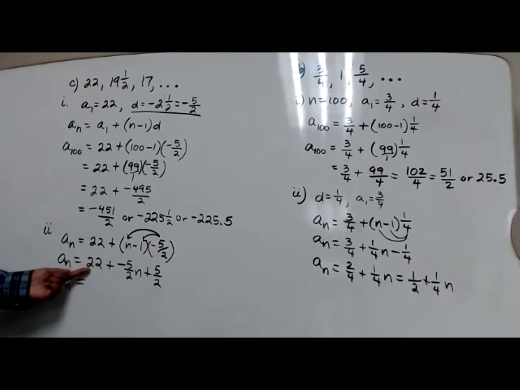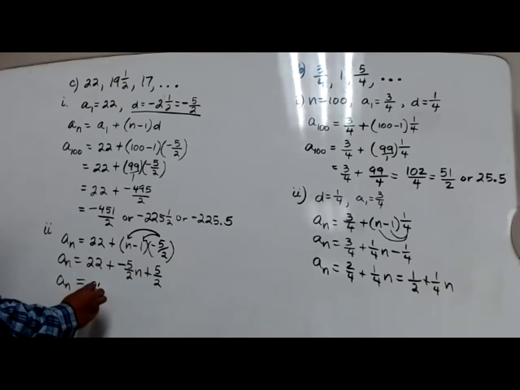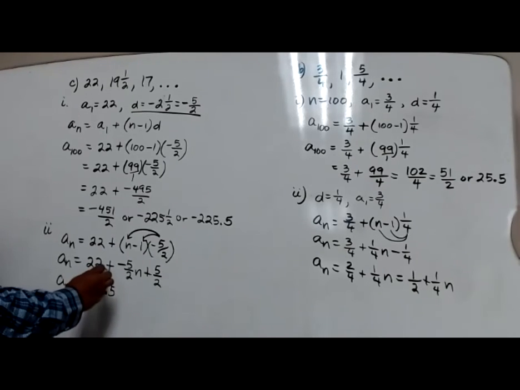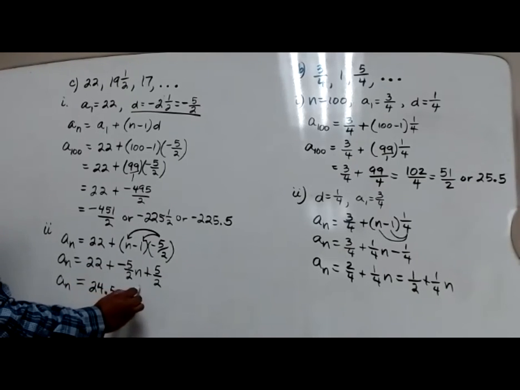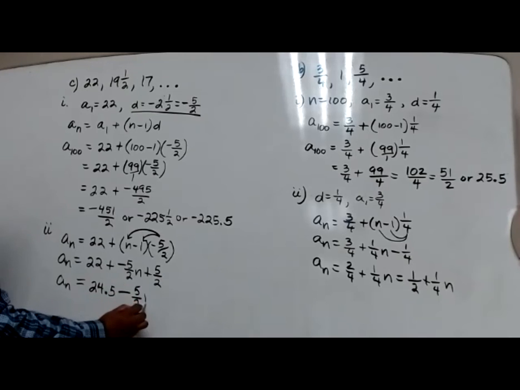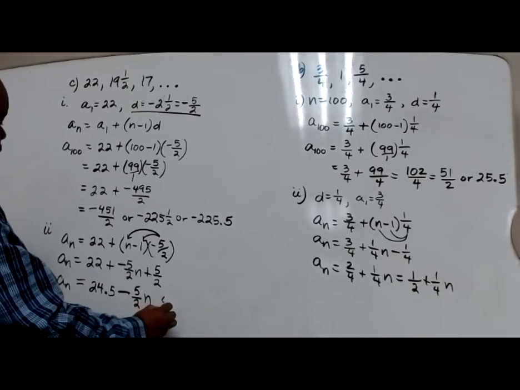Okay. Now 22 plus 5/2, or you can do 22 plus 5 divided by 2. That'll give you 24.5. Plus a negative, I'm going to write that as just minus 5/2 n. And I'll give you the other way of writing this.